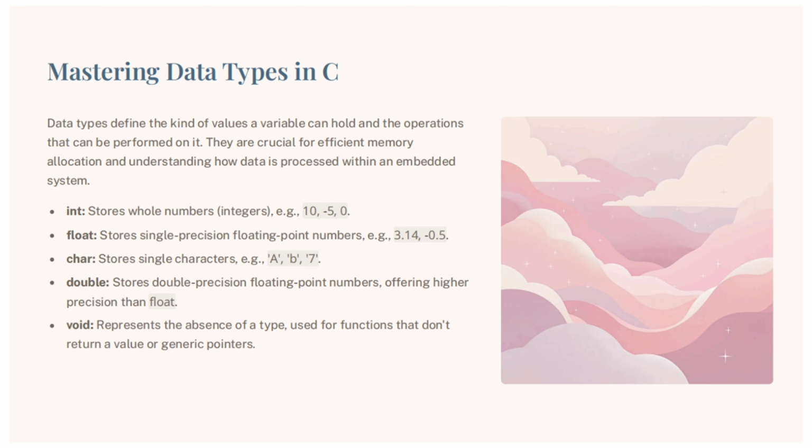Every single character is defined by char. Double, similar to float but stores double precision floating point numbers, offering much higher precision. Void, this represents the absence of a type, typically used for functions that don't return a value or for creating generic pointers.